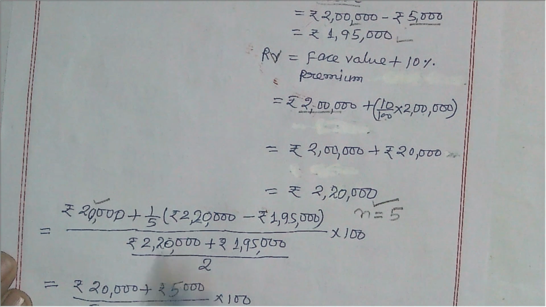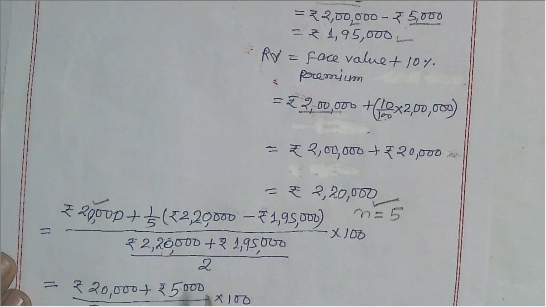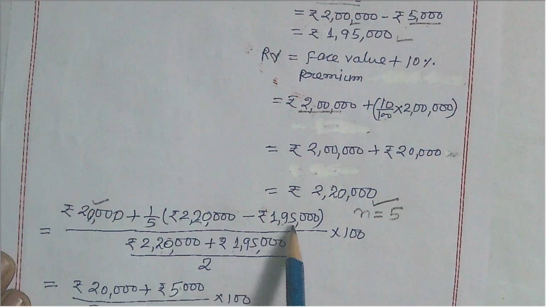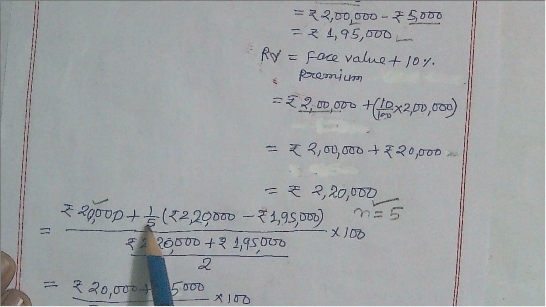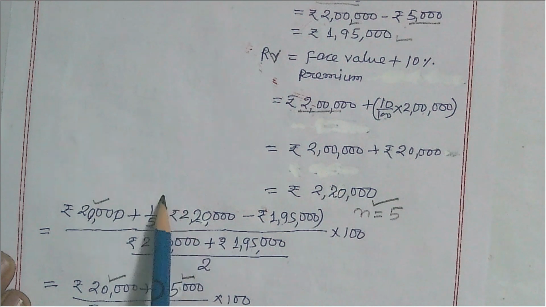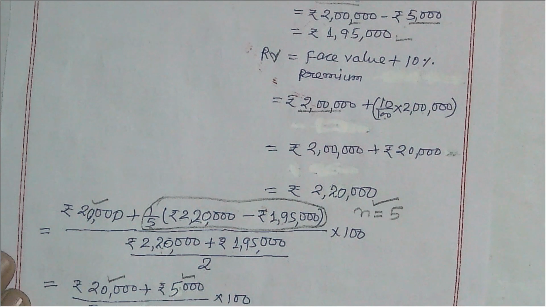The 2 lakh 20,000 plus 1 lakh 95,000 divided by 2, the average, gives 2 lakh 7,500. And 2 lakh 20,000 minus 1 lakh 95,000, the difference, is 25,000. 25,000 divided by 5 is 5,000. So here 20,000 dividend and 5,000.